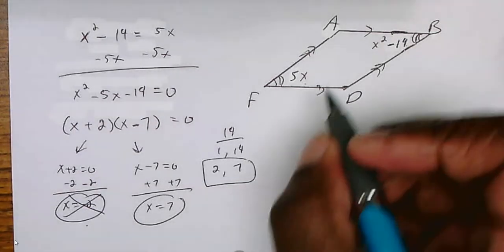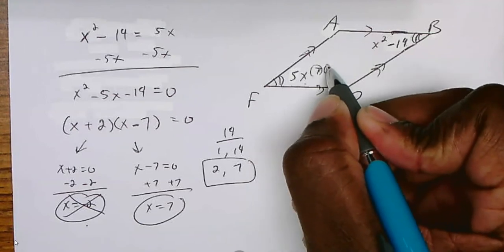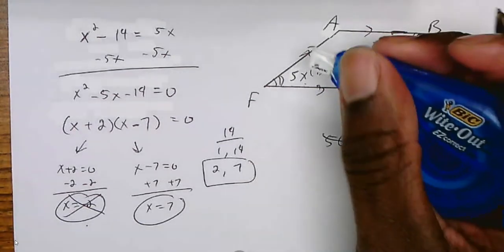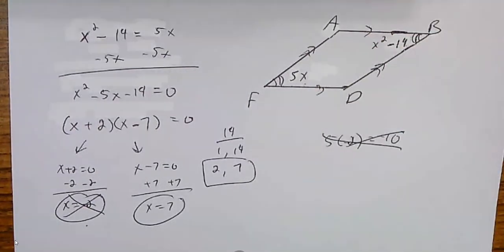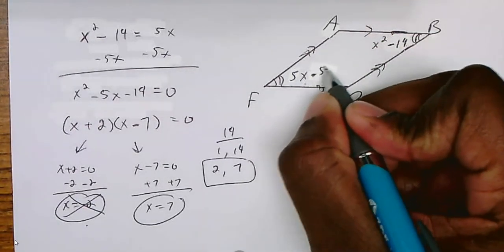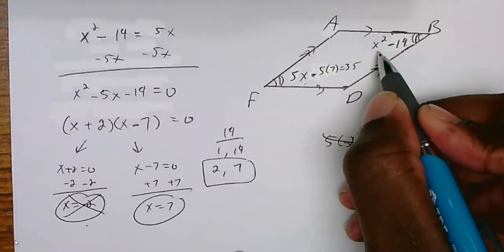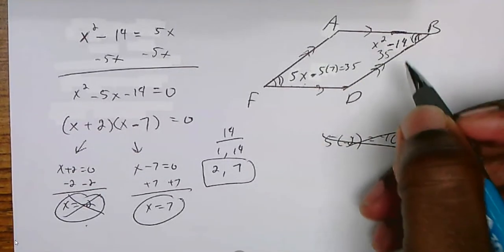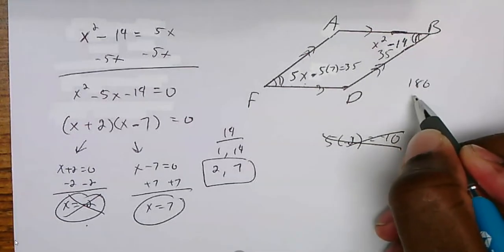So let's try the 7. 5 times 7 should be 35. So here, it would be 5 times 7, which is 35. And for that matter, that's 35. And if that's 35, this is 180 take away 35.